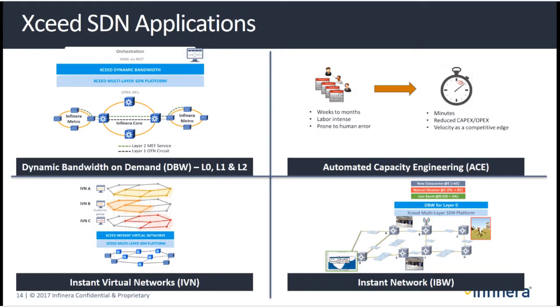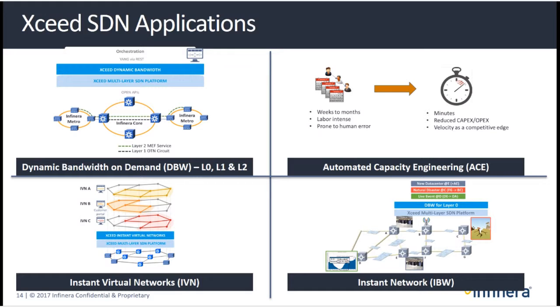This allows for reserving and activating capacity on flex ROADM based networks and activating them on demand as and when they are required. Instant Virtual Networks provides network partitioning and partitioned service management use cases to allow customers to offer VPN kind of services.